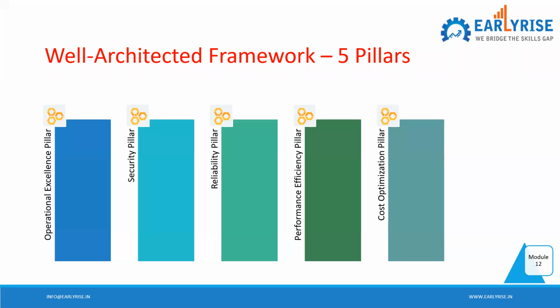They are the operational excellence pillar, security pillar, reliability pillar, performance efficiency pillar, and cost optimization pillar. You need to understand the basics of it now and then use the same concept throughout our course. That's why I'm introducing this in the beginning.